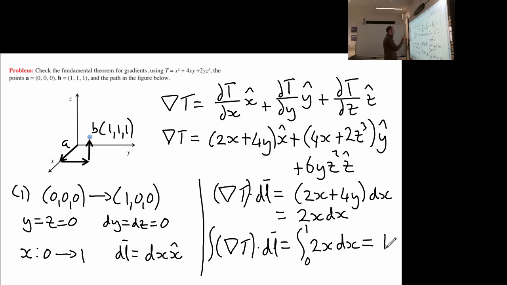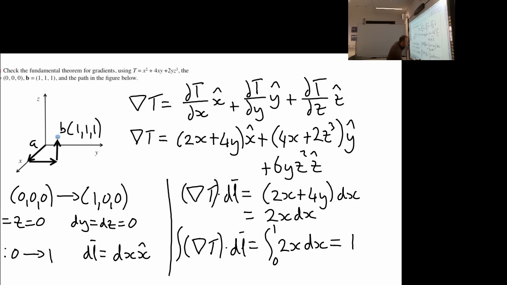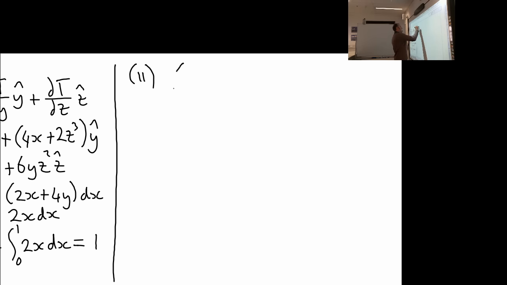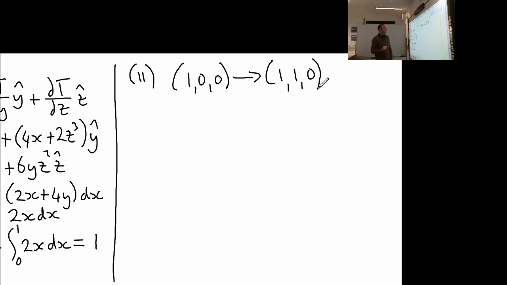So now what we must do is look at our second side. For our second side, it goes from 1, 0, 0 to 1, 1, 0. So what happens here?